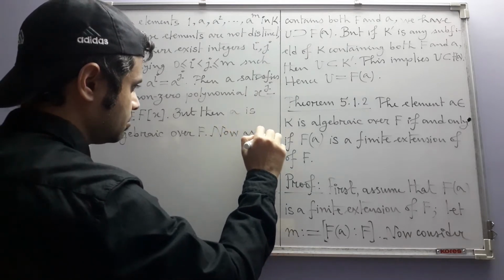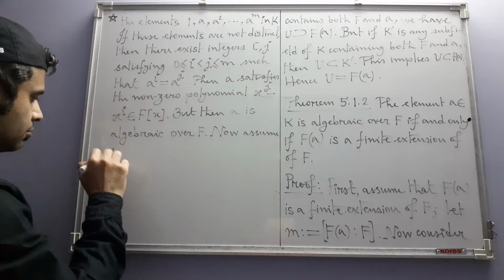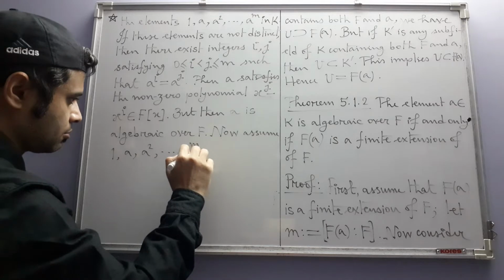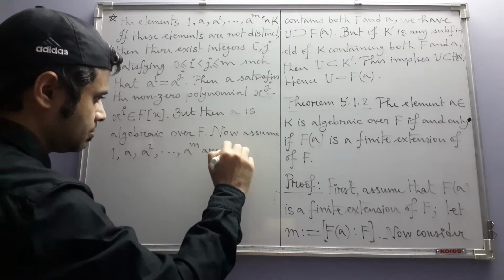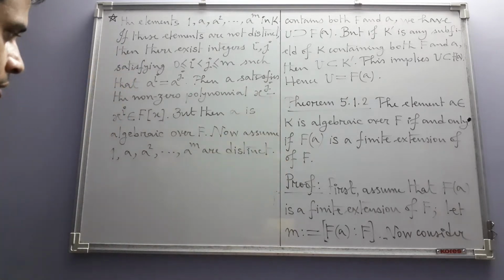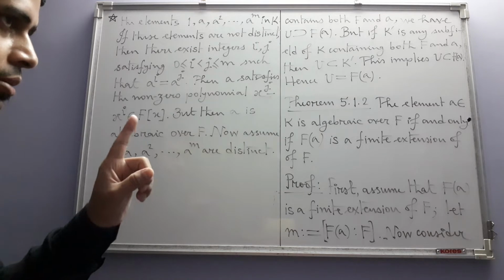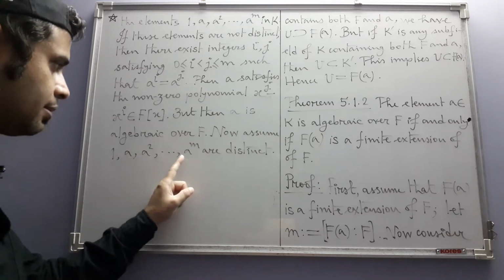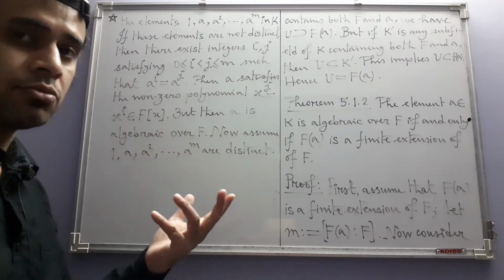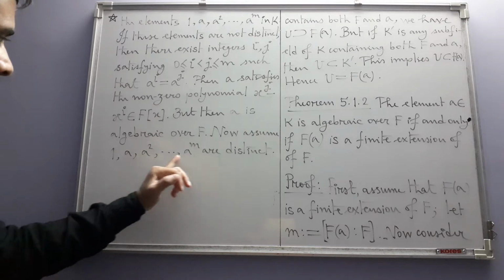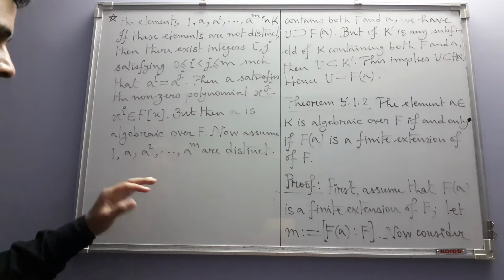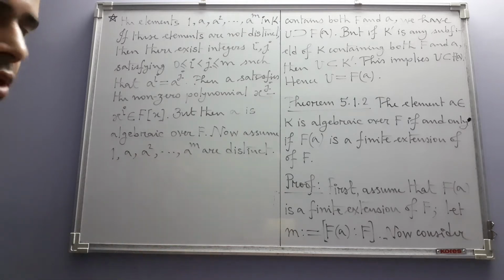Now assume that these elements are distinct. Now these are elements in K that, because of the distinctness, are m plus 1 in number. From a to the power m there are m elements, and this extra element, and together they are m plus 1 elements.